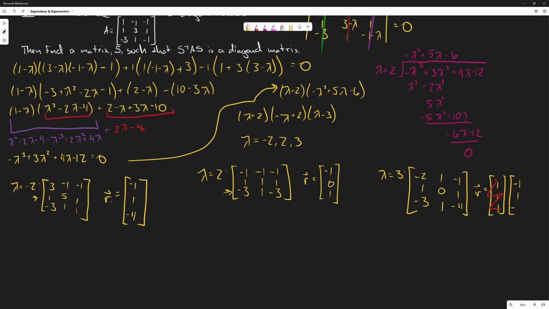No. Keep that as 1. So now we'll have 3 plus 1 minus 4, and then we'll have negative 1 plus 1, and then we'll have 2 plus 1, 2 plus 1 minus 1. Okay, that one won't work either.